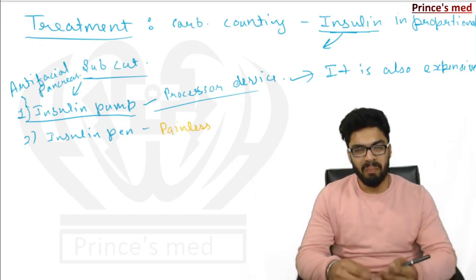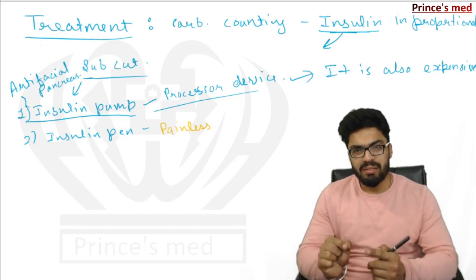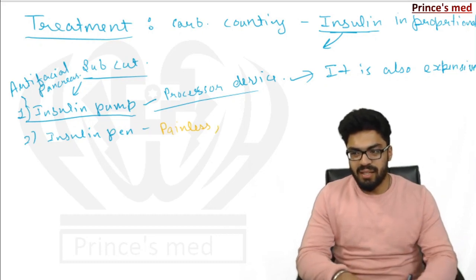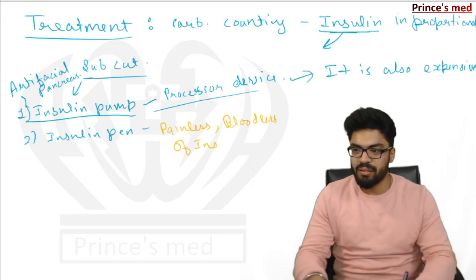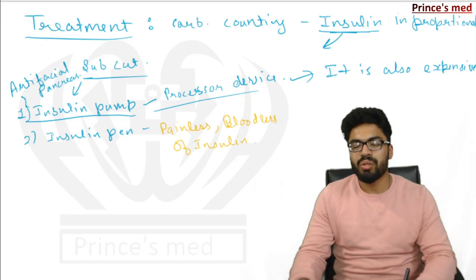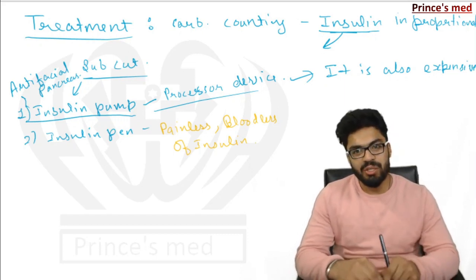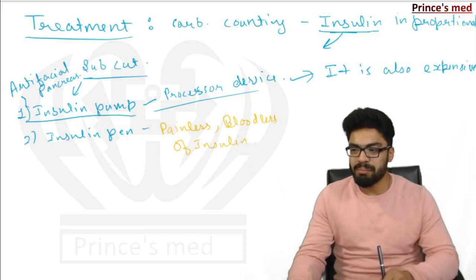It has a very small pin which injects insulin. It is painless and bloodless delivery of insulin. Those who can't afford insulin pump, for them insulin pen is the best method.